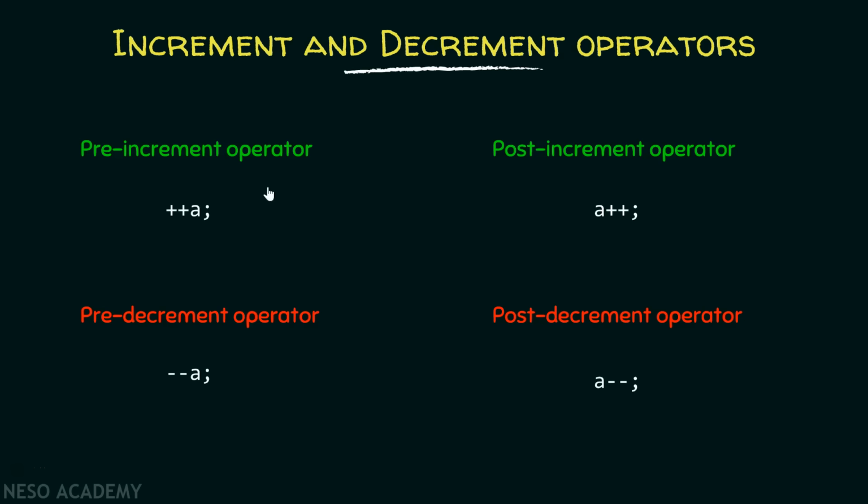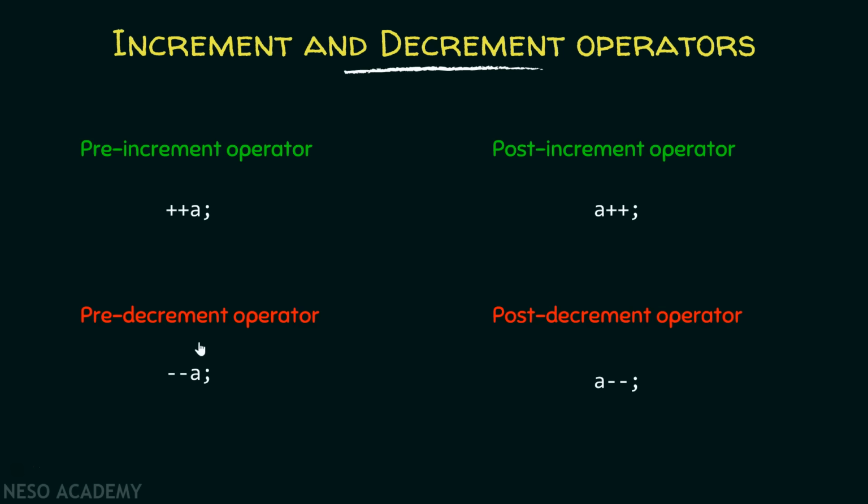Apart from that, there are 2 types of increment operators. The first one is called pre-increment operator and the second one is called post-increment operator. Pre-increment simply means that plus plus operator is applied before the operand. That is here in this case, plus plus operator is applied before the operand. And post-increment simply means that plus plus operator is applied after the operand.